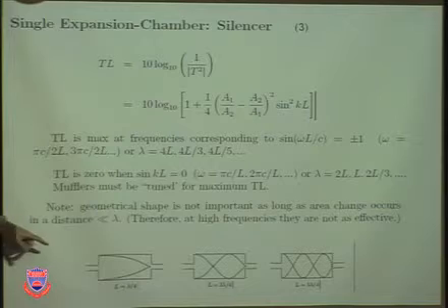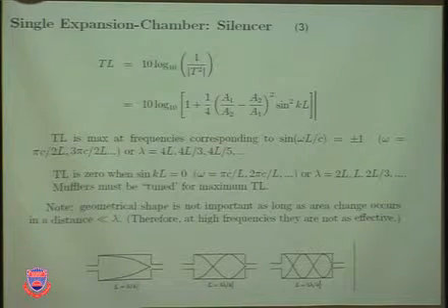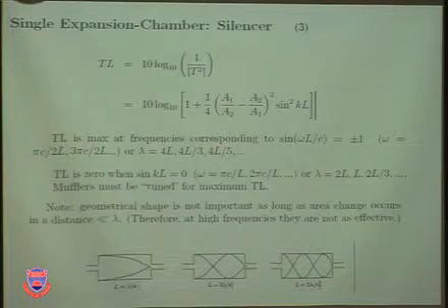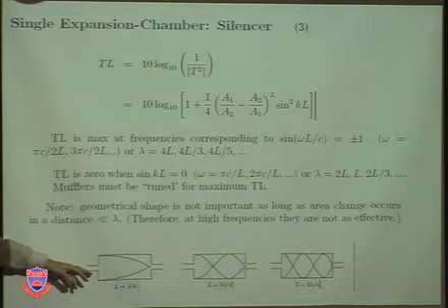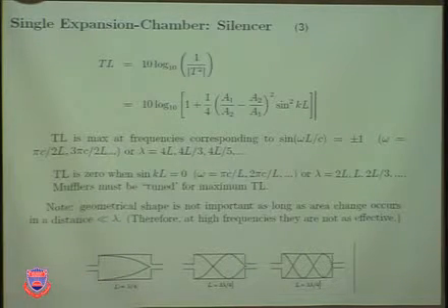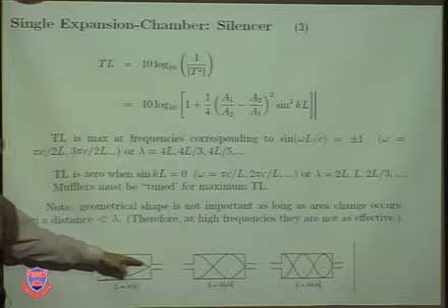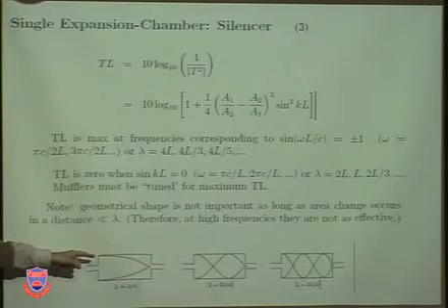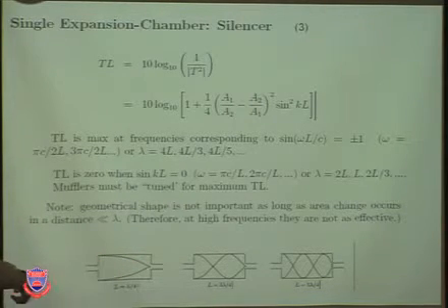Just to put some shapes on these. The maximum transmission loss shows us these dotted lines describe the amplitude of the pressure.